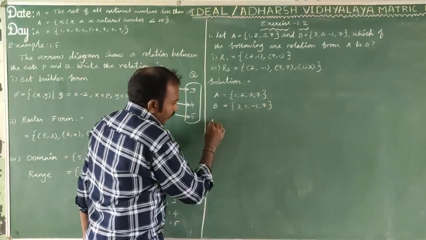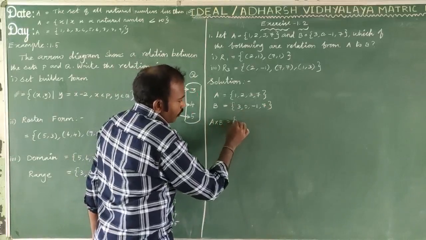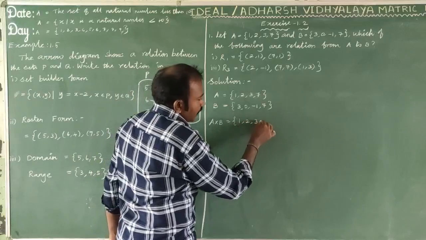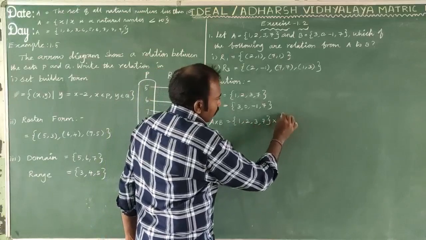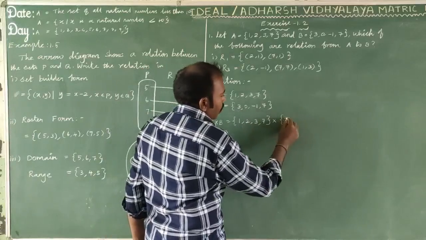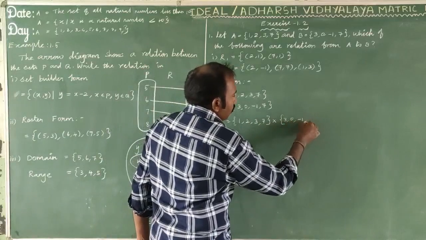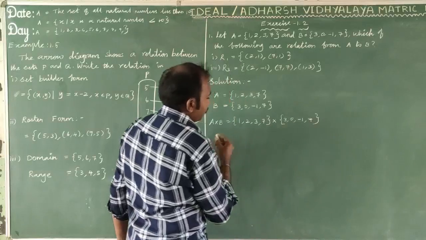Right. Here A cross B is equal to {1, 2, 3, 7} cross {3, 0, minus 1, 7}.